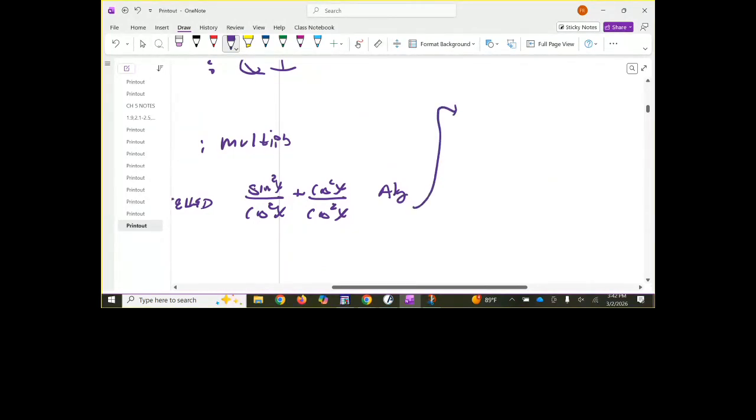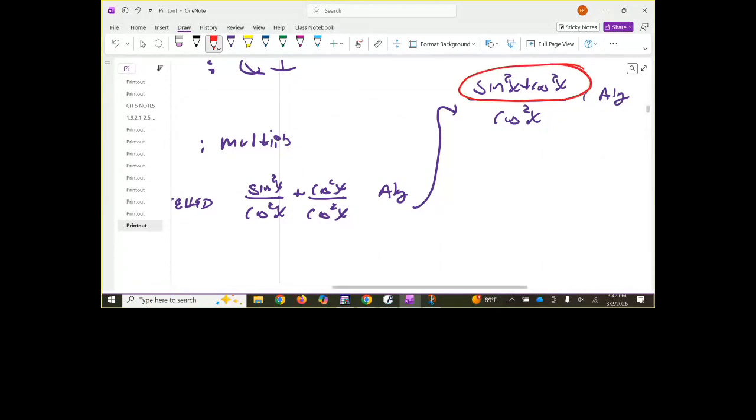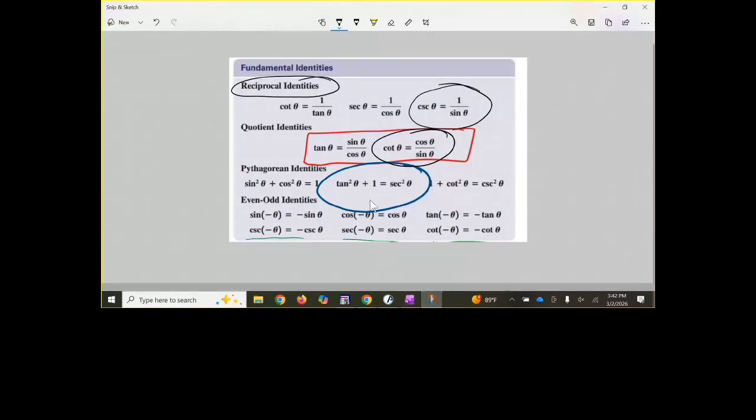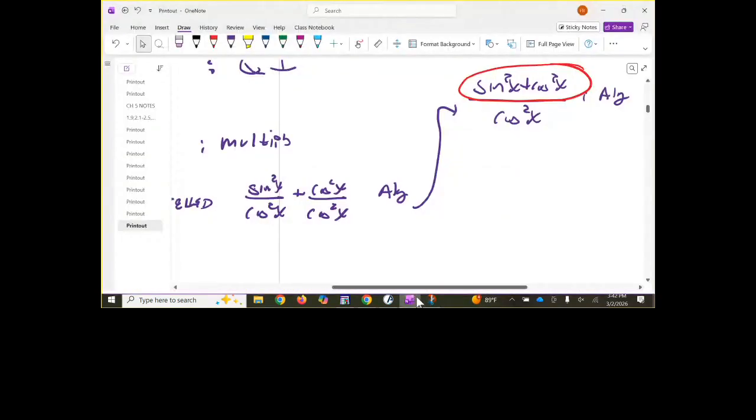Next step, sine squared x plus cosine squared x. More algebra. Does anybody remember what sine squared x plus cosine squared x is? I'll give you a hint: 1. It's equal to 1. Thank you, sir. So we have 1 over cosine squared x. That is a Pythagorean identity.